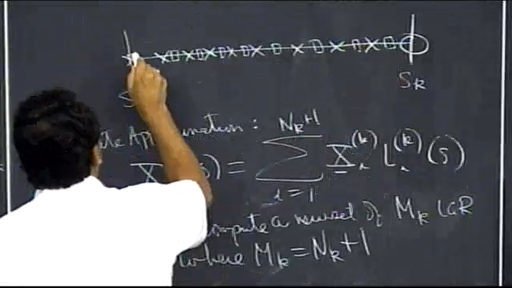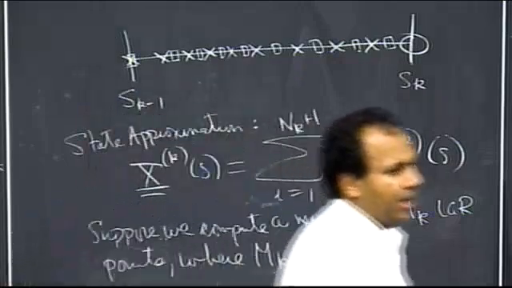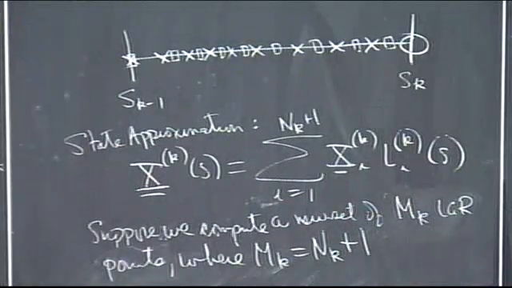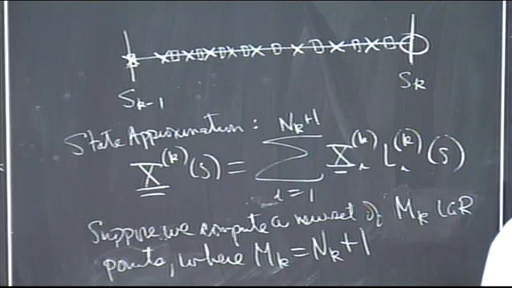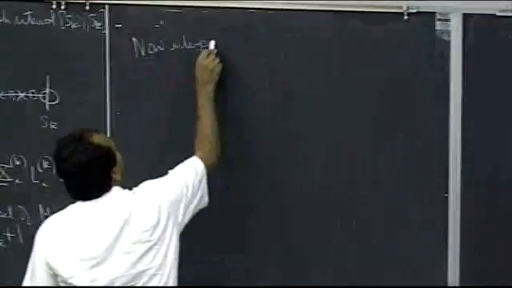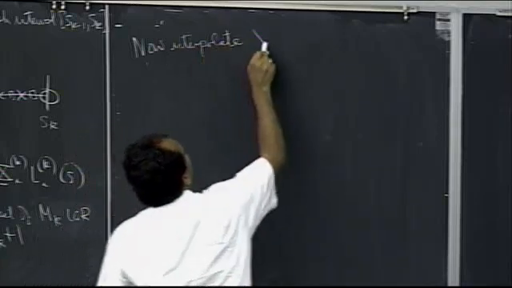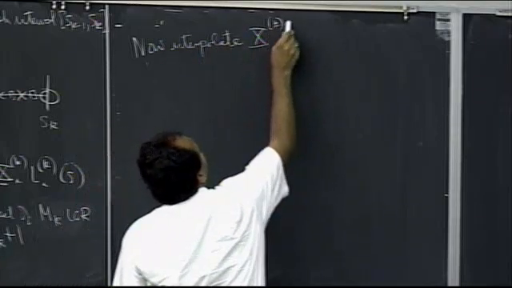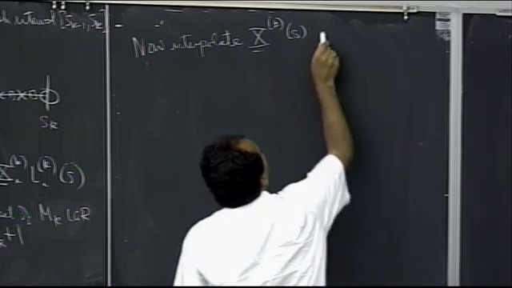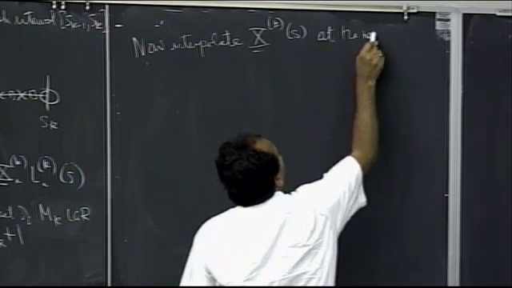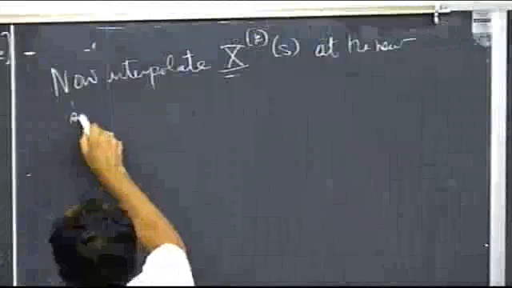And then I've got one right there. But that one doesn't matter because it's the same one that I had before. So then what you do is you say, now interpolate x k of s at the new set of LGR points.